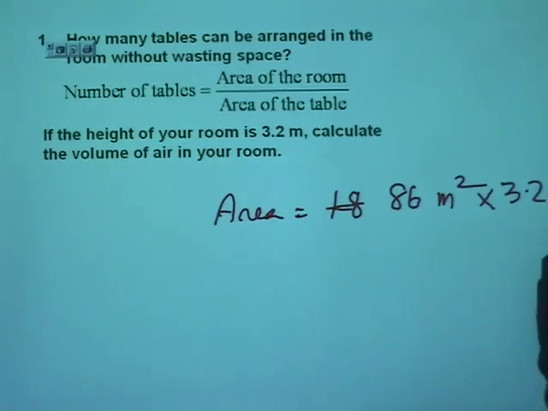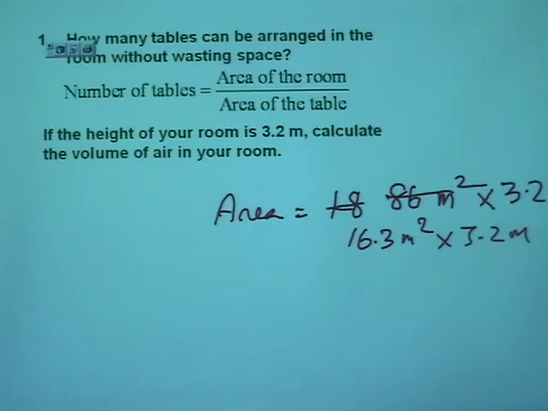Well, let's get a number for that. What will be that number? That number will be 86, well, I do remember that was not 86, that was 16.3. So let me correct that. The area of my room is 16.3 meters squared and the height is 3.2 meter.